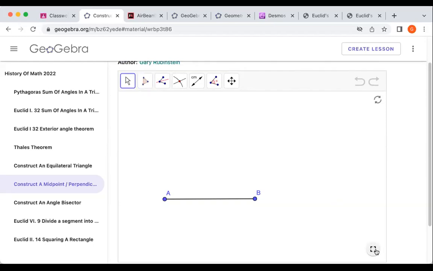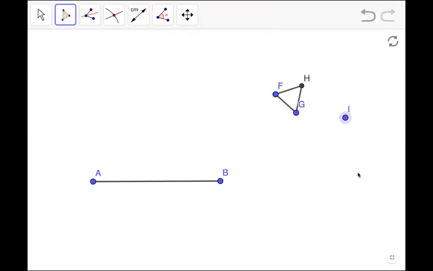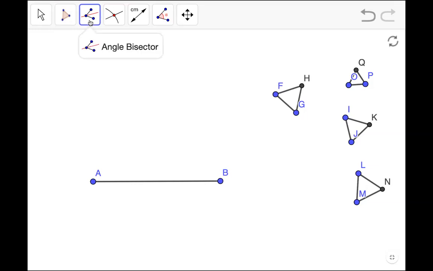That's actually supposed to be an equilateral triangle, because what that tool does is make equilateral triangles that we want. Because that's what geometry is. You get a tool, you learn how to make an equilateral triangle, and now that I can make one anytime I want, I add that as a tool. What's that? Angle bisector.